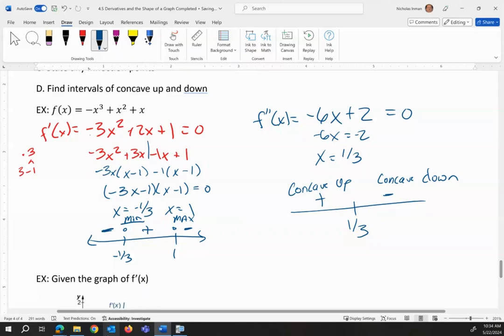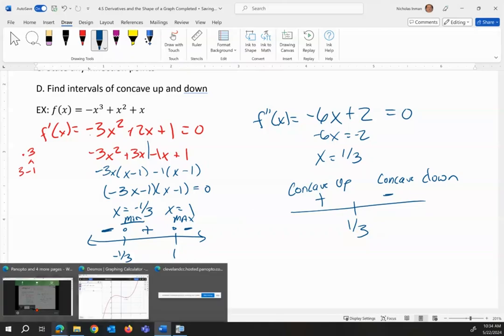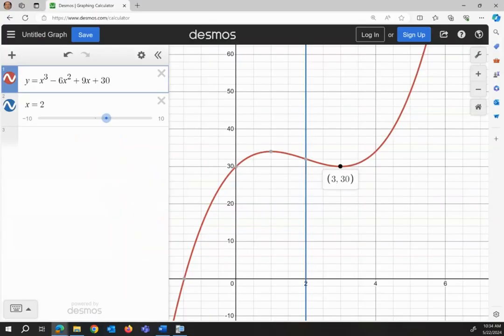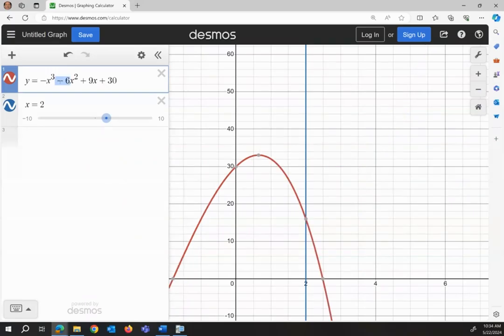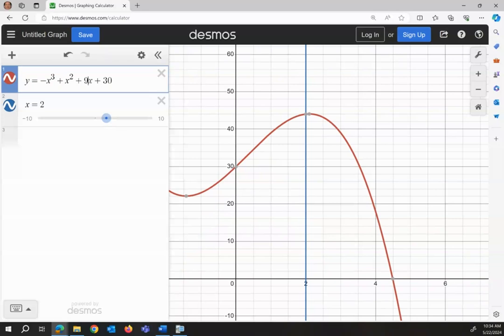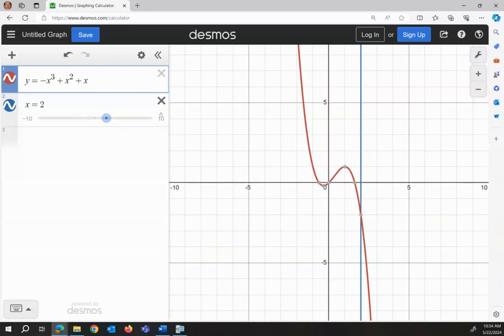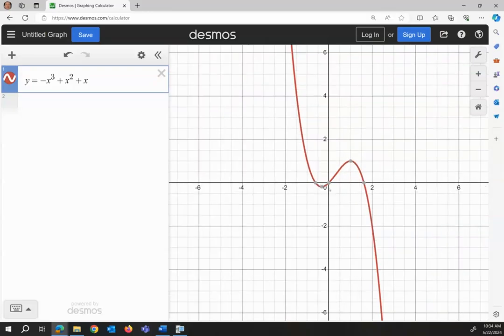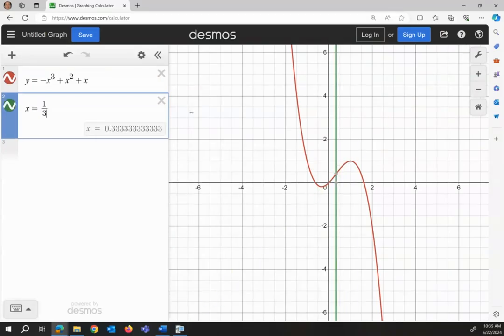All right, let's check it and see how we did. -x cubed, x squared plus x. -1/3, 1, we have our minimum and our maximum. Great. At +1/3, we have our point of inflection.